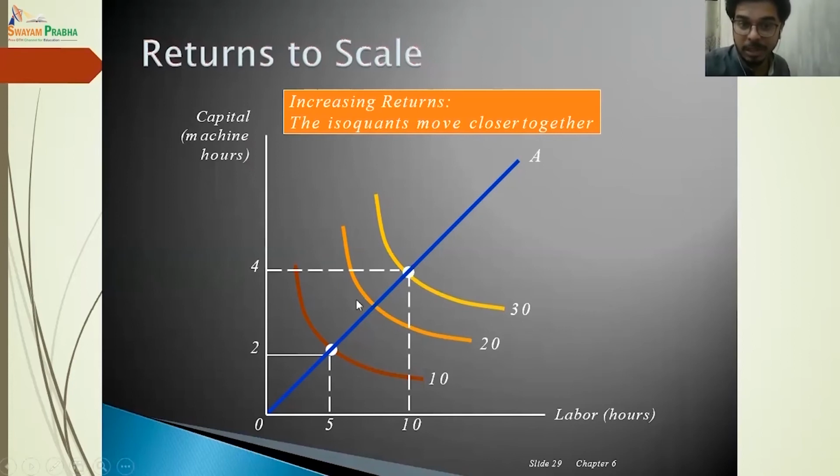For the 20 isoquant, I will require a lesser amount of labor and capital, probably 8 labor and 3.5 capital, something like that. Yes, so at this point we should get 20 outputs, we are getting 30 outputs. So the isoquants are getting closer to each other.